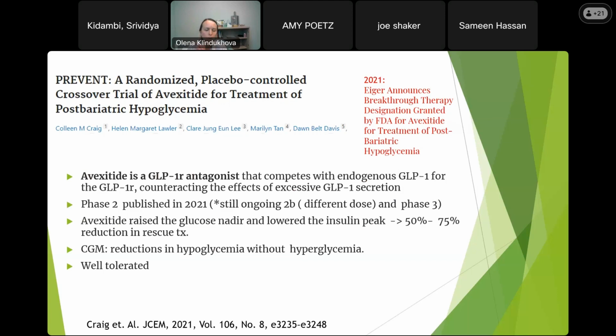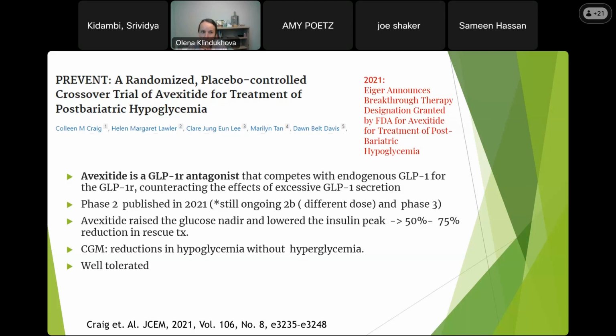They were able to demonstrate that 50 to 75% of patients did not require rescue treatment. This medication was well tolerated. I was not able to find a good explanation for what's holding it back from making it to the next level.